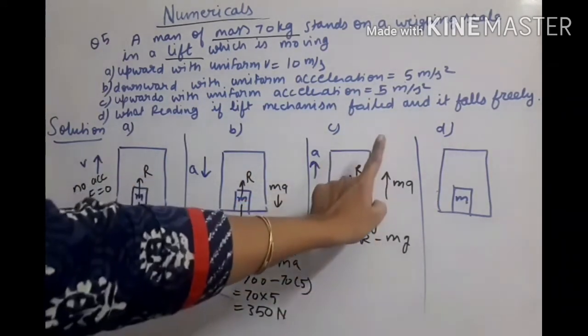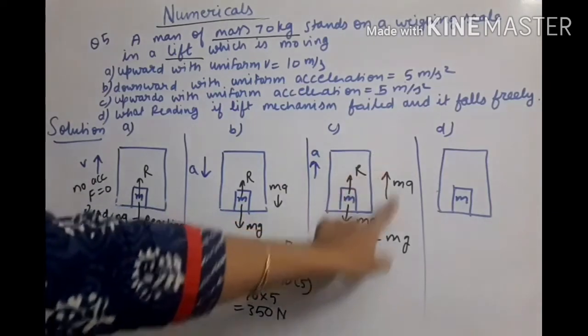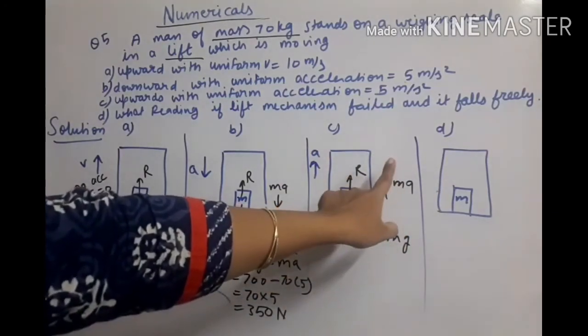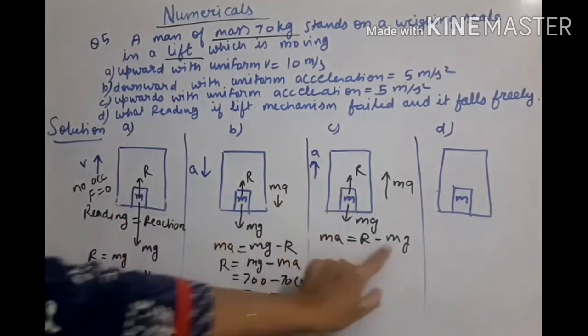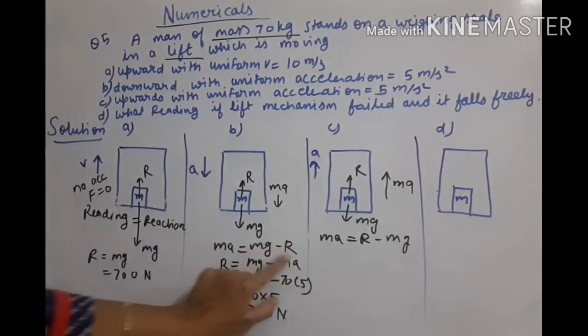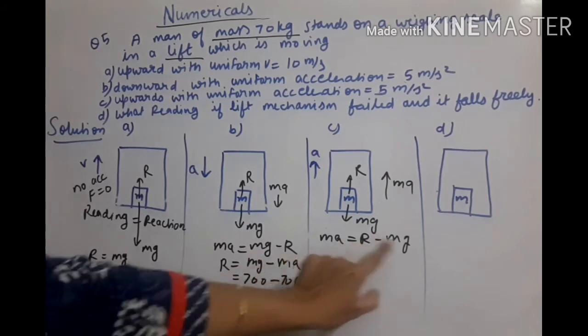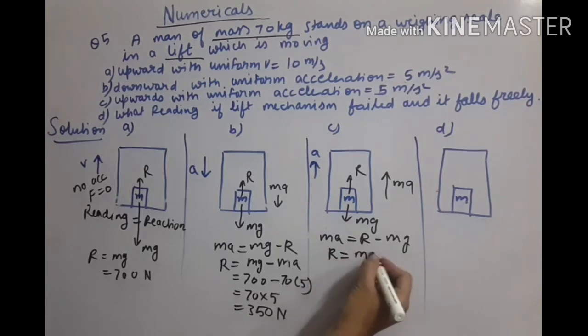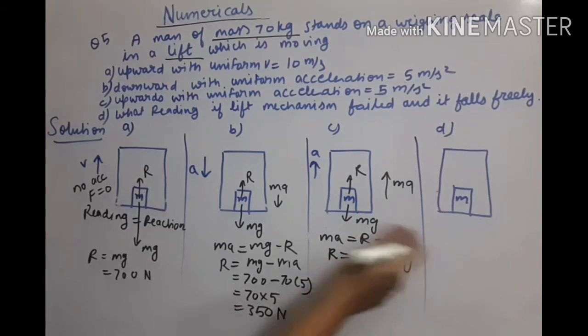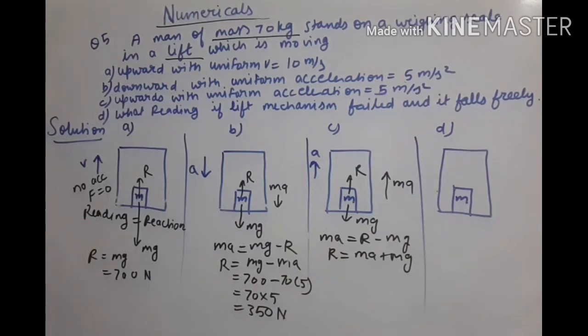And since the ma direction is upward, that is the resultant, so R is greater than mg. Here we did mg minus R, but here we need to do R minus mg. Now our target is to solve for R. So R is ma plus mg by shifting mg here. After that, this is m times a plus g.